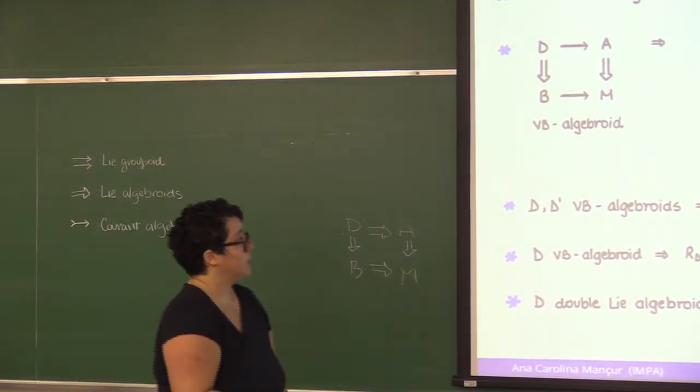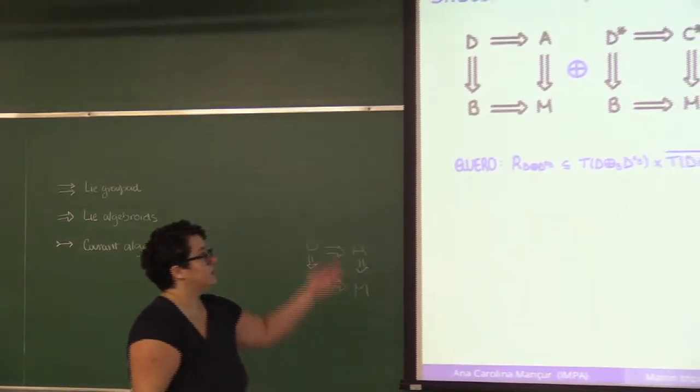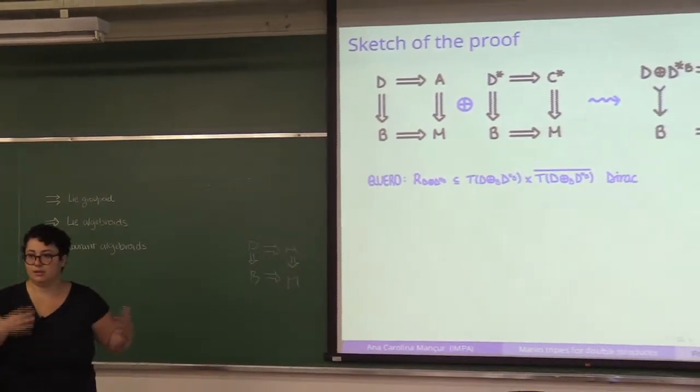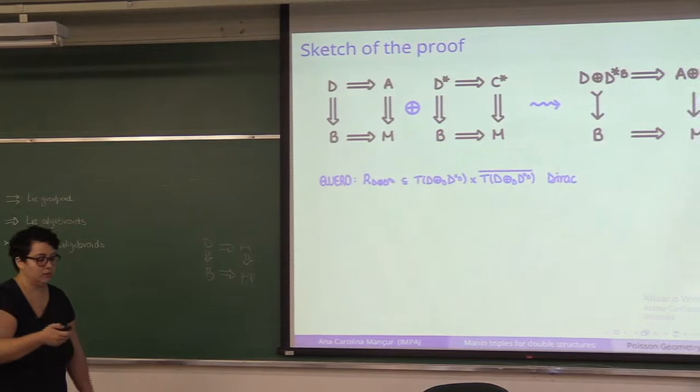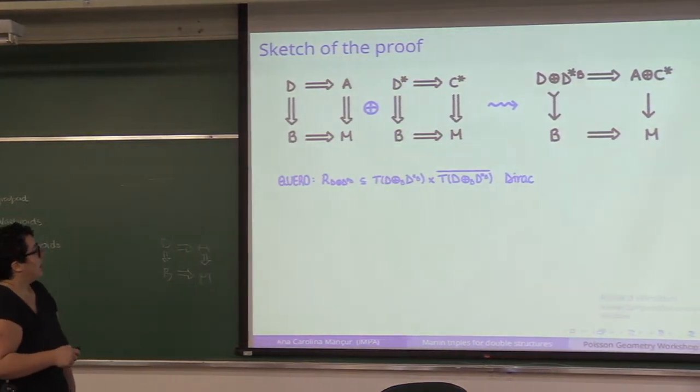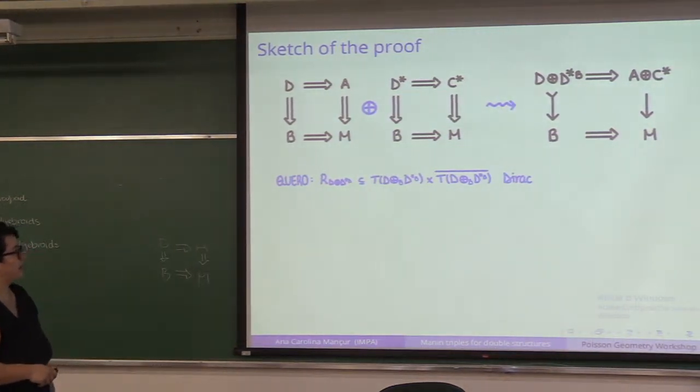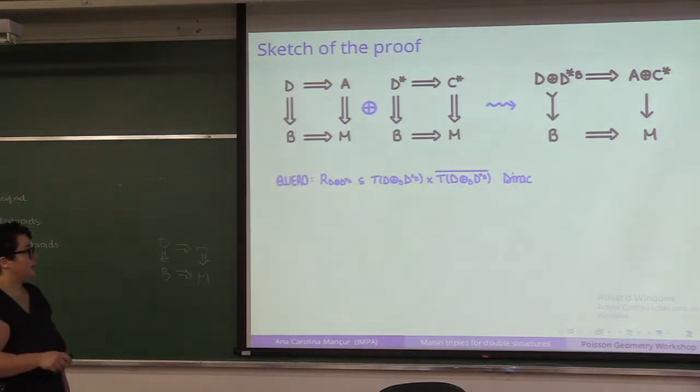So using that, we try to put our problem on the assumptions of the proposition. So we have a double algebra and want to prove that this is a Dirac structure.